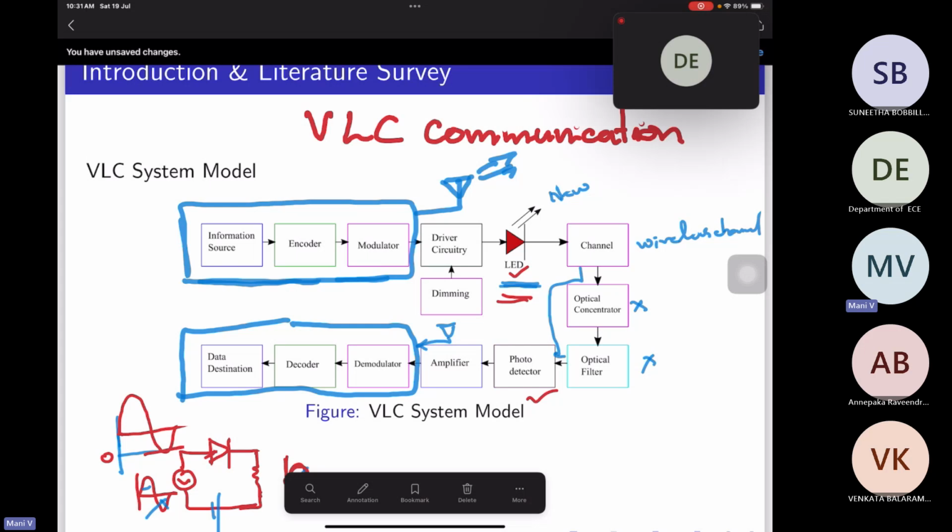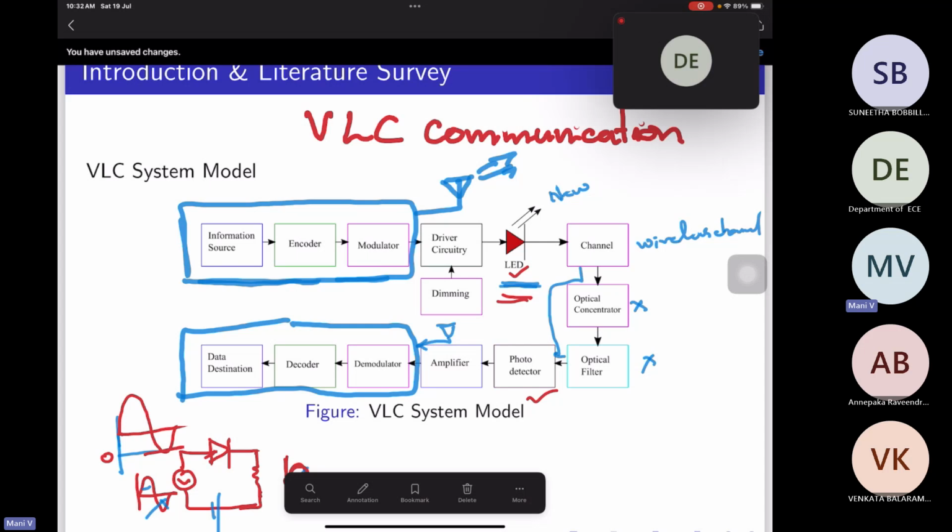You see the LEDs on the top of the walls, giving illumination to this conference hall, and the same LED can be used for communication. That is the new idea, because the spectrum is already overcrowded, so I cannot add more and more infrastructure into the spectrum, and more data rates cannot be allocated to the users. So the only alternative technology is visible light communication.